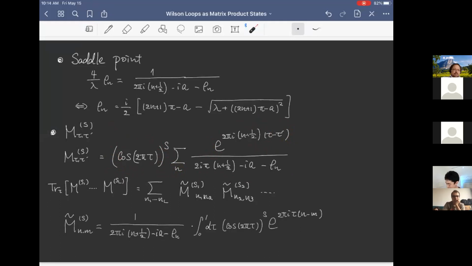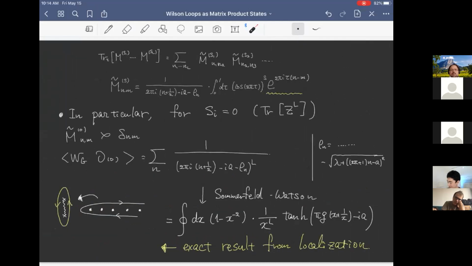So this functional trace, which involves multiple tau integrals, can be converted into a sum over n_i's by performing the tau integrals explicitly. Then you get a representation of the matrix. Now it's a discrete infinite matrix, and the matrix element is given by this expression, where I'm performing explicitly the integral of taus.